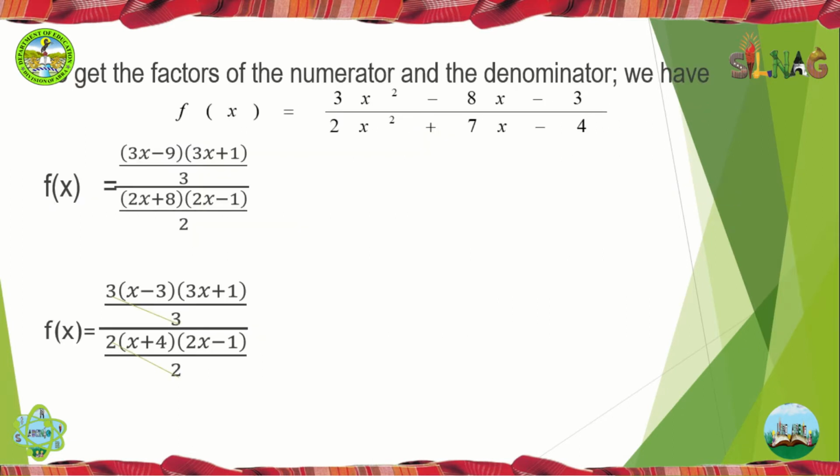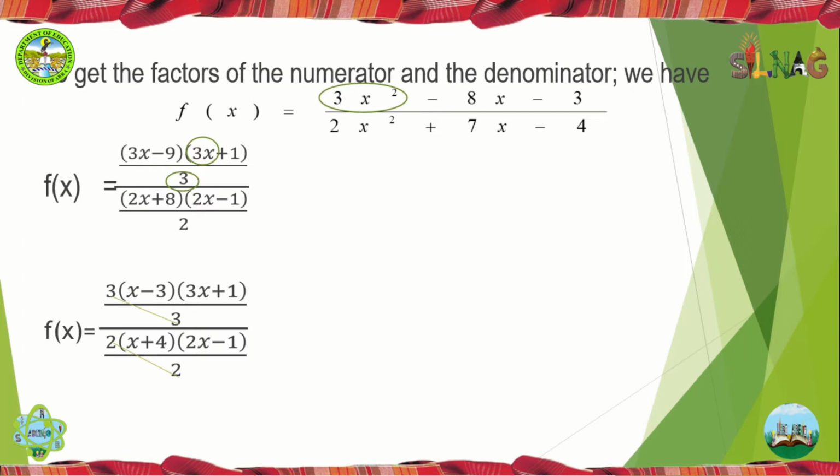To get the factors of the numerator and the denominator, the first terms of the binomial factors of the numerator will be 3x, because the first term of the numerator is 3x squared, and then over 3, because the numerical coefficient of the first term is 3.